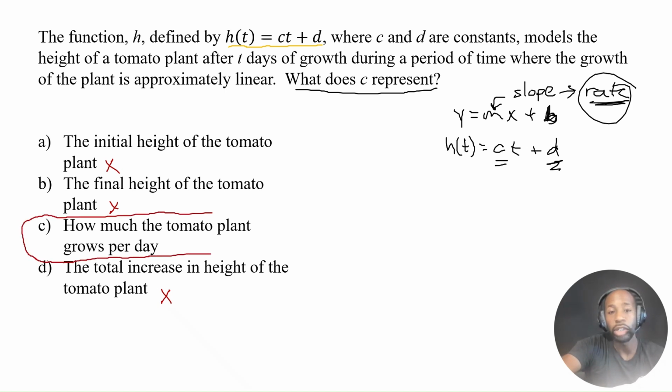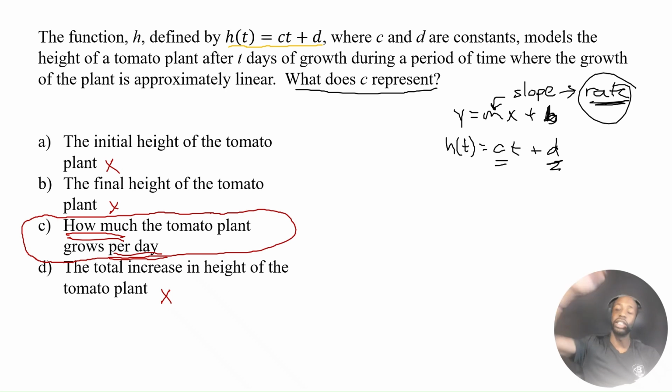Look at the rate language so that you can remember this for the future. How much per day? Per, that's rate. How much? So the height over time. That's what's happening.